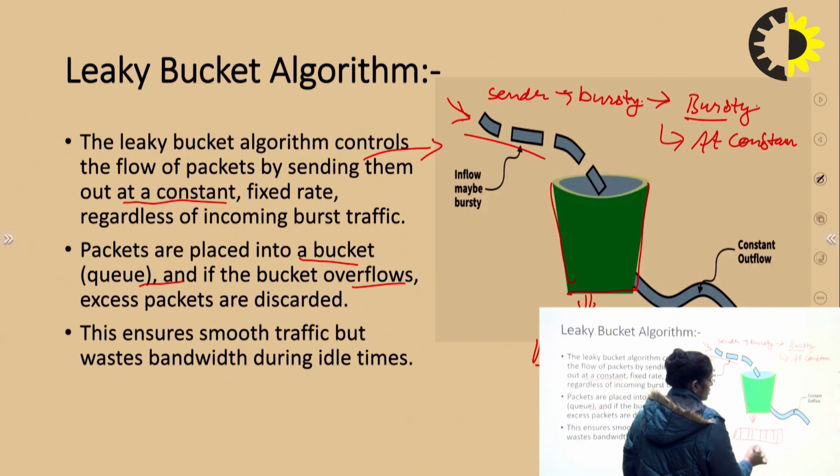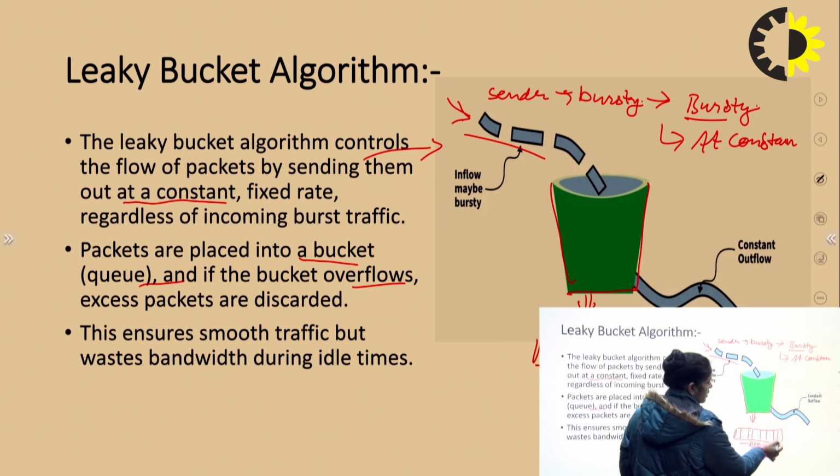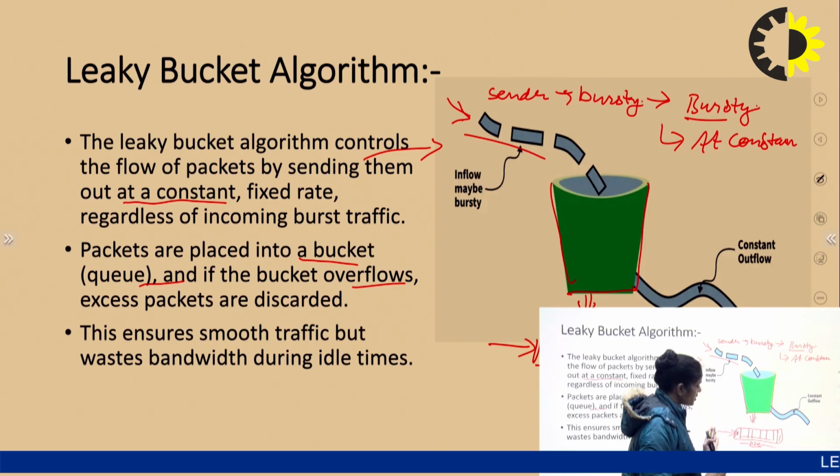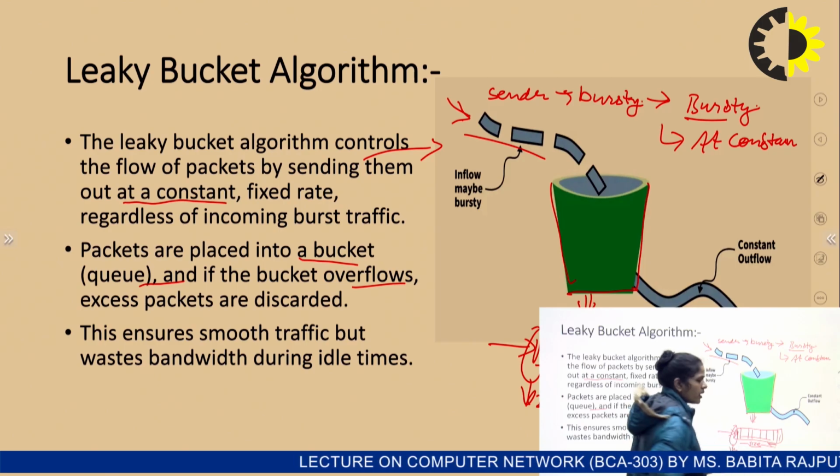Let's say this queue has a specific size, and this size is already fixed by the programmer, or you can say the system, right? Let's say this particular queue is filled. Now some packets are incoming from the sender side. So what happens here is that this situation discards all the incoming packets because the queue is already full.